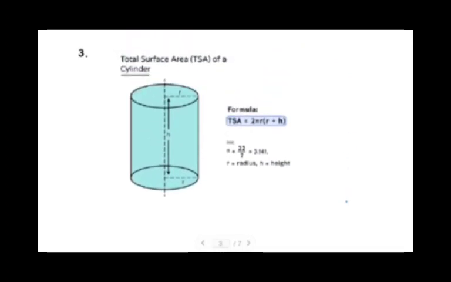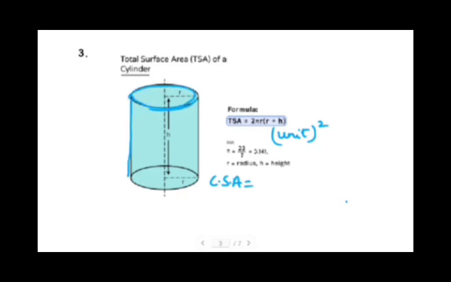Total surface area of a cylinder, 2 pi r bracket r plus h. Unit square is the unit. What about curved surface area? We've done that as well. Curved surface area means only the pipe-like thing.